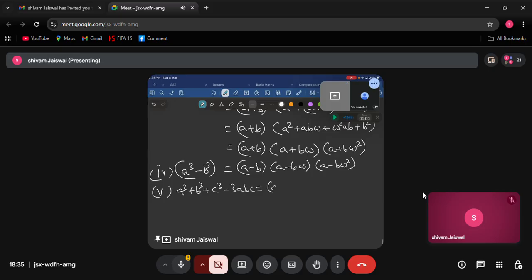Okay. A plus b plus c into a plus b omega plus c omega square into a plus b omega square plus c omega. Okay, if anyone needs the proof, let me know. I think you people can prove this. Okay, just replace minus 1 by omega plus omega square and take common. You'll get the result. Okay.